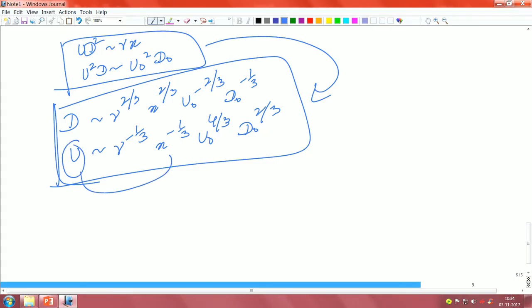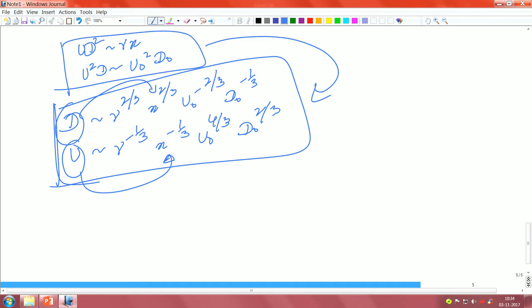Now you can see several things. For example, the u of the jet shows an x to the power of minus 1/3 decay, which is logical. That means the center line velocity should decay with x. And the jet diameter increases as x to the power of 2/3. That is also an interesting observation.